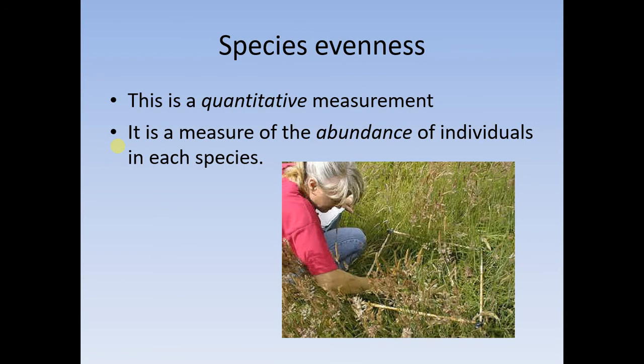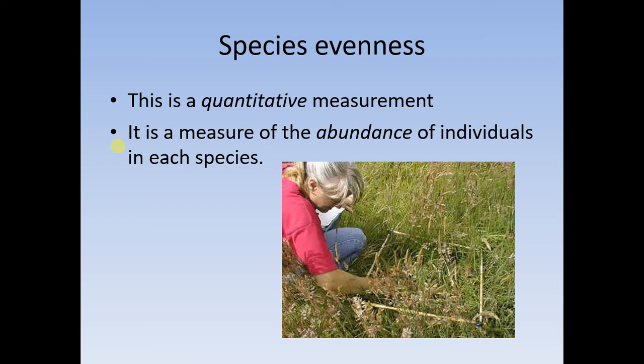The other possibility is you could measure biodiversity by species evenness, which is a quantitative measure. It is a measurement of the abundance of each individual species. As an example, if I have that same chunk of forest with 5 species, and I have 20 of each of those 5 species to make up 100, right?